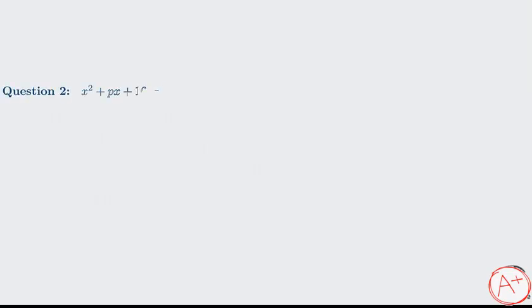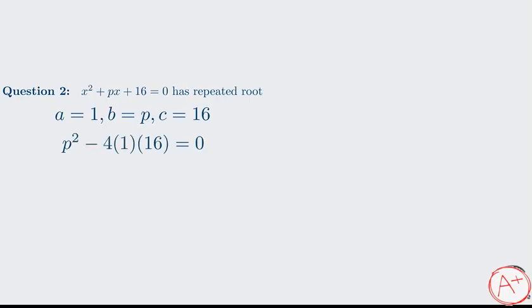For question 2, the phrase repeated root means delta must be 0. Here, a is 1, b is p, and c is 16. So p² − 4 × 1 × 16 = 0. This simplifies to p² − 64 = 0. So p² = 64. Therefore, p = 8 or p = −8. Remembering both the positive and negative 8 is essential here.